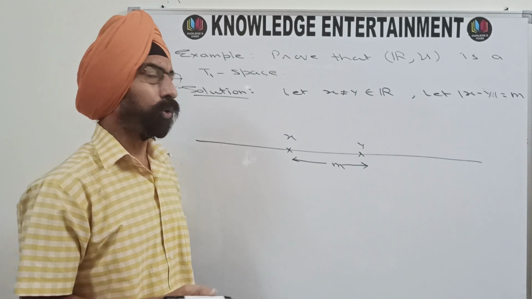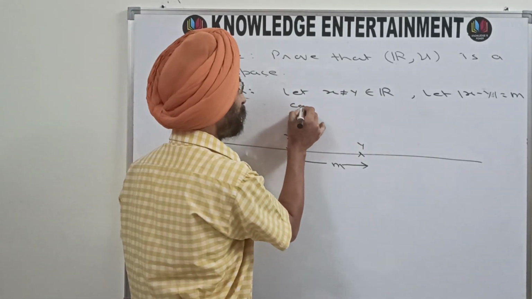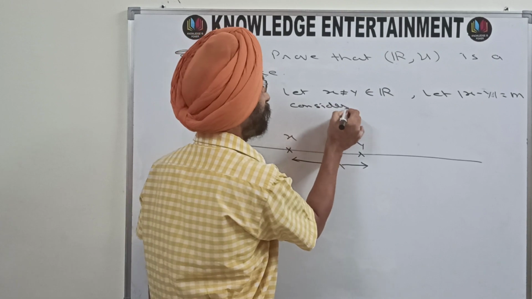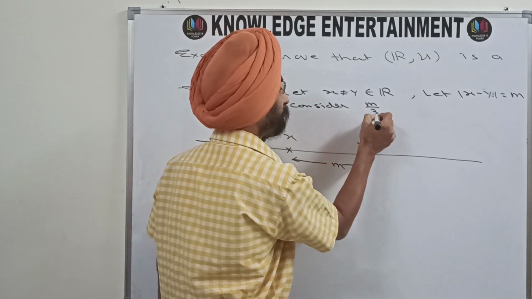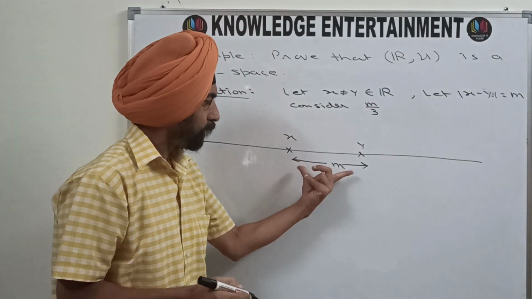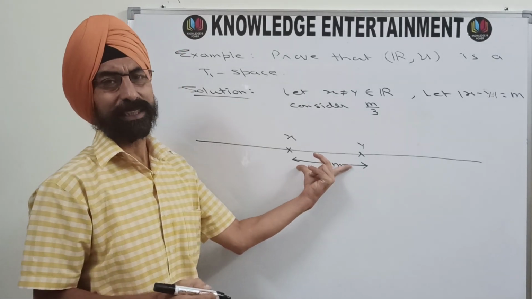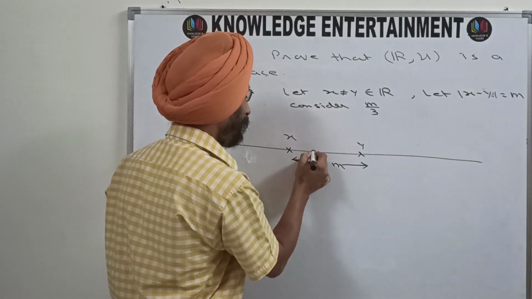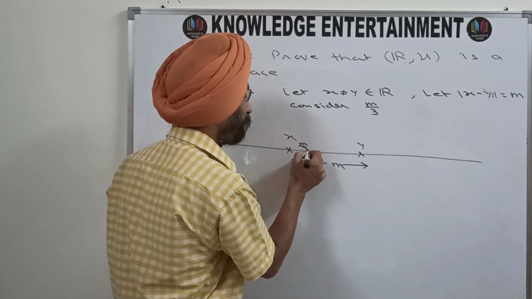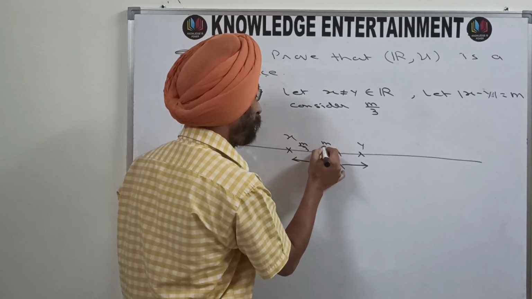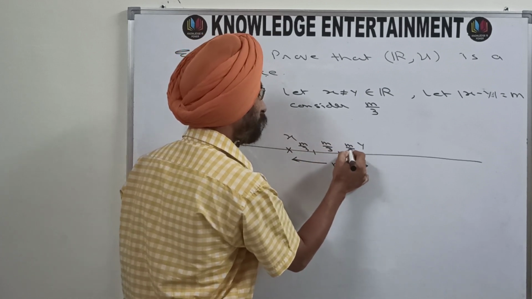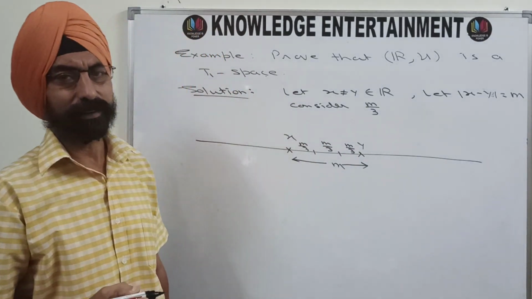Now consider m by 3. M by 3 means you have trisected this distance m. So this will be m by 3, this will be m by 3, and this will be m by 3.